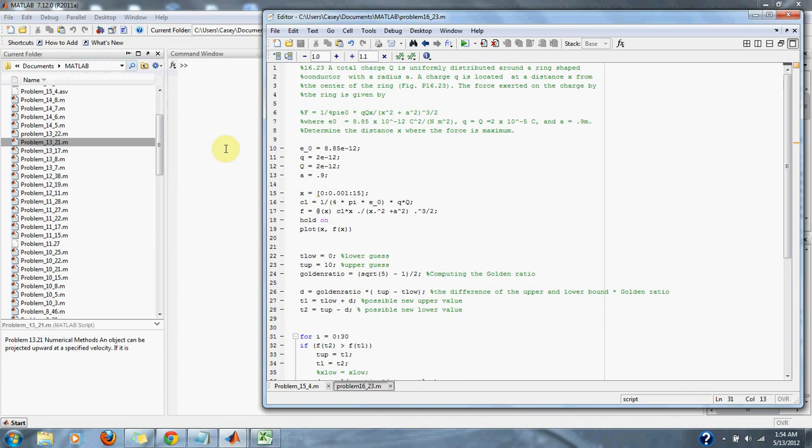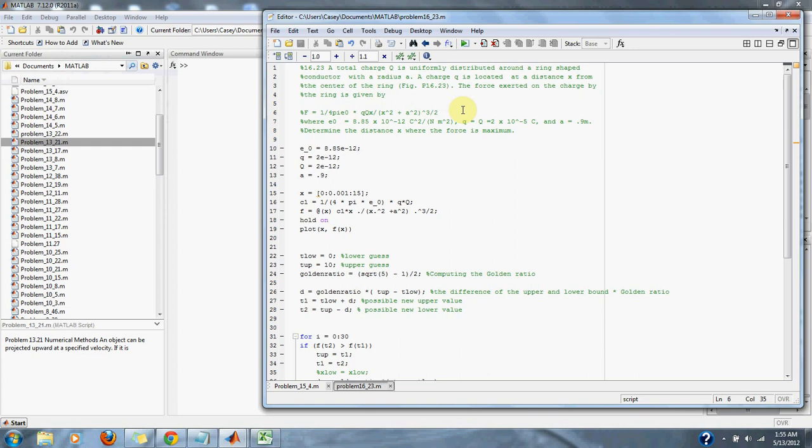So the force exerted on the charge by the ring is given by this force equation, which is 1 over 4 pi times epsilon sub 0 times Qqx over (x squared plus a squared) to the 3 over 2, where epsilon sub 0 is equal to 8.85 times 10 to the negative 12 C squared over newton meters squared.